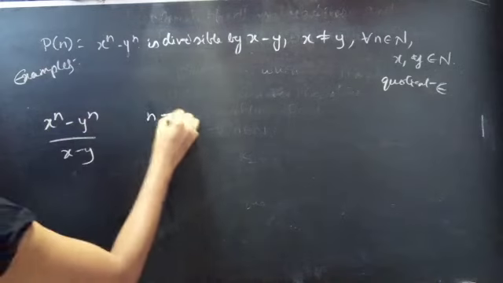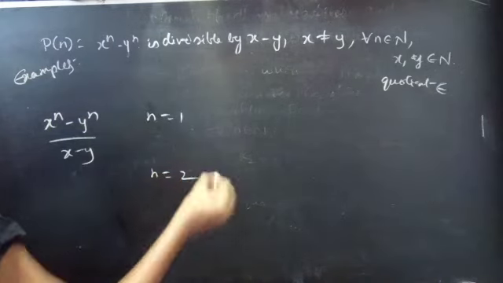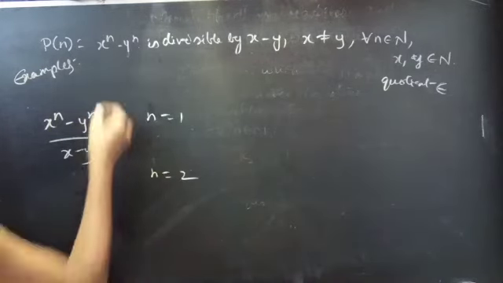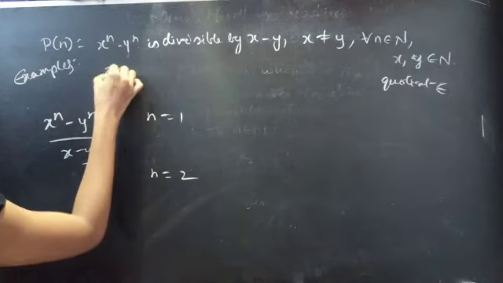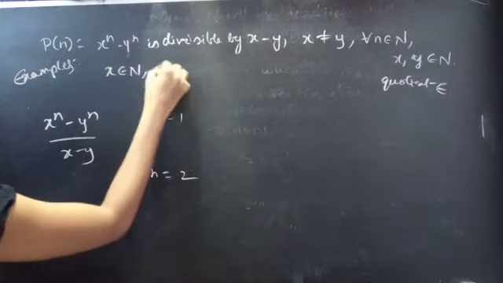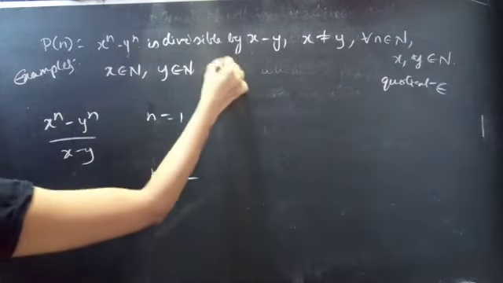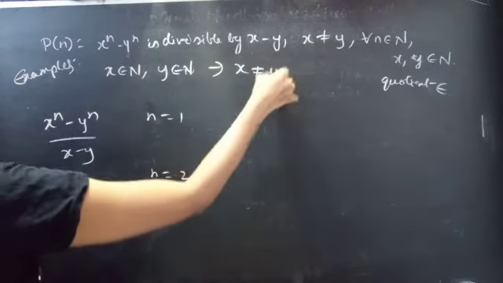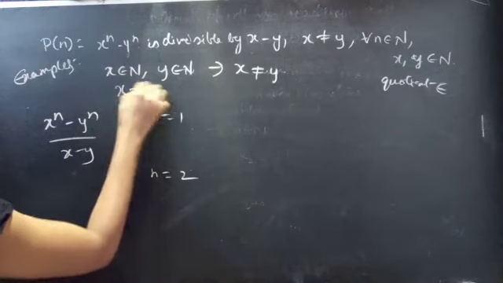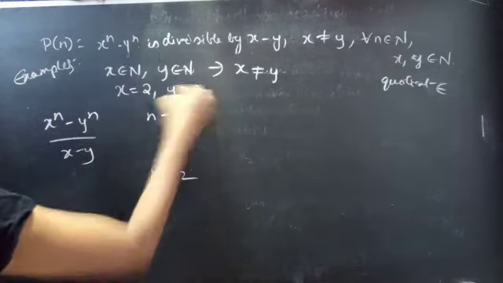We'll see for n equals 1 and n equals 2. Let's take x belonging to N and y belonging to N, that is, x and y natural numbers such that x is not equal to y, say x equals 2 and y equals 3.